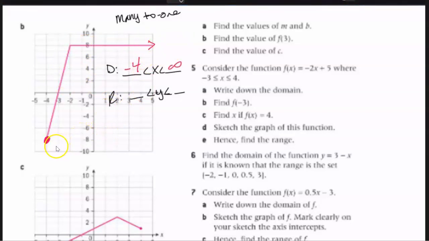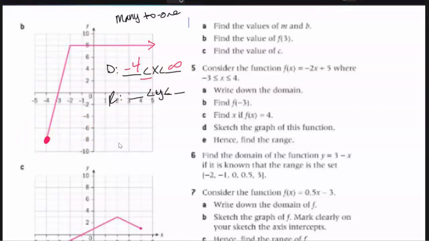Now we also talked about the difference between closed and open circles. If it is a filled in circle, we also have to include the bar. So -4 less than or equal to x. So what this is saying is I have all x values from -4 all the way to infinity. Now for my range, it is bottom to top, so my lowest to my highest y value. My lowest y value is this -8 right here.